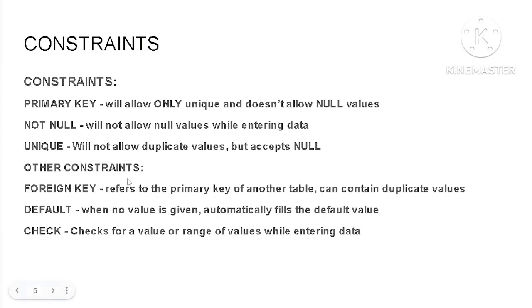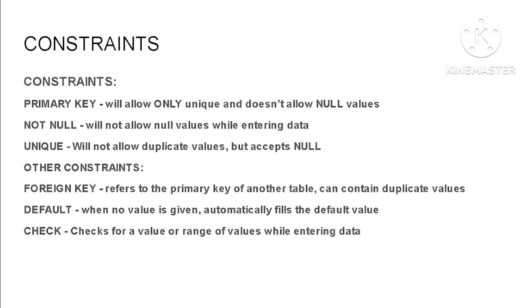Then what is unique? Unique is a constraint which will restrict the user not to allow duplicate values. In what case will you use unique constraint? For example, you accept phone numbers of parents. In case you don't want to have duplicate records, you will give phone number as unique.